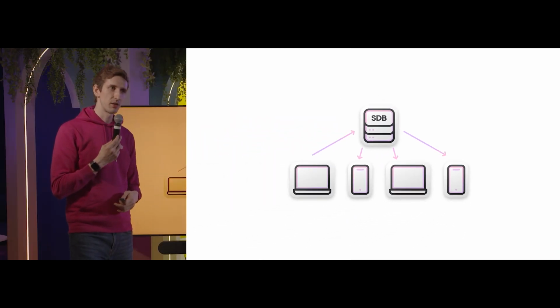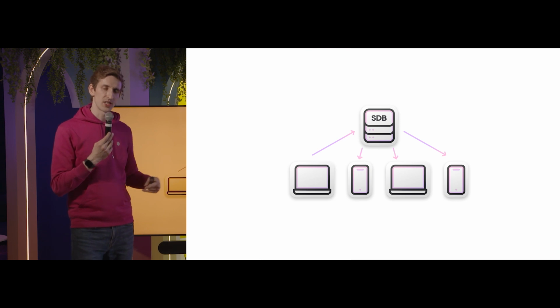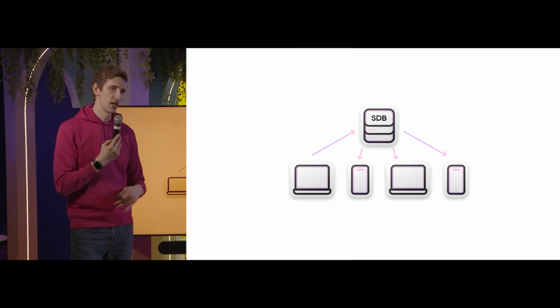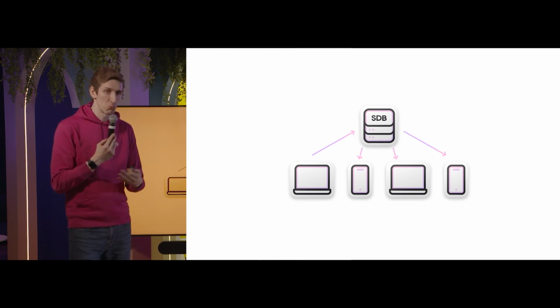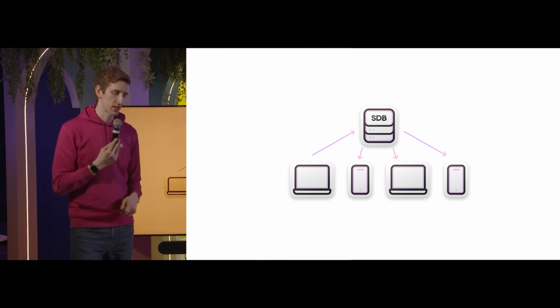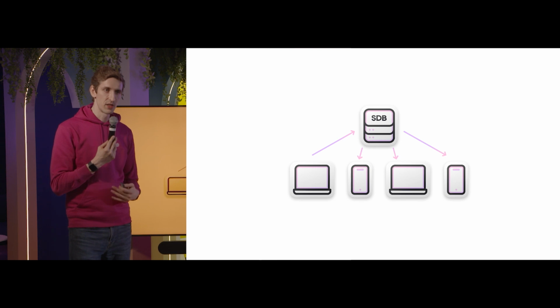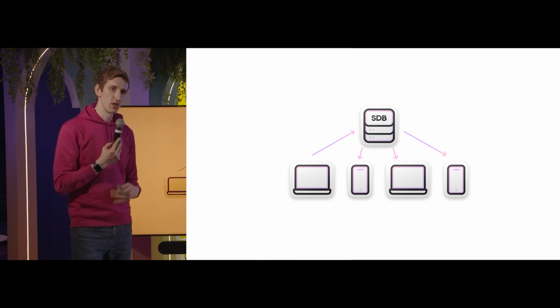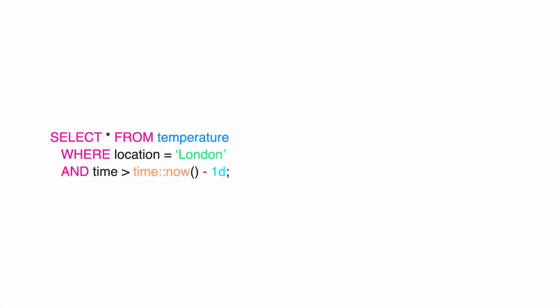But the one benefit is you can actually connect directly from a browser. You can connect directly to the database from Google Chrome or Safari, authenticate in the way that you choose as a developer, and then receive live streams right down to the device.